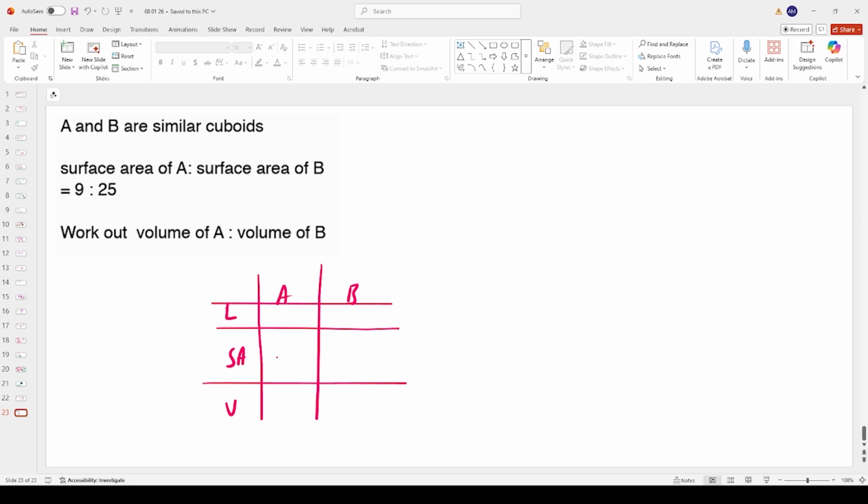Okay, so they told us that the surface area is 9 to 25. How do I get from 9 to 25?